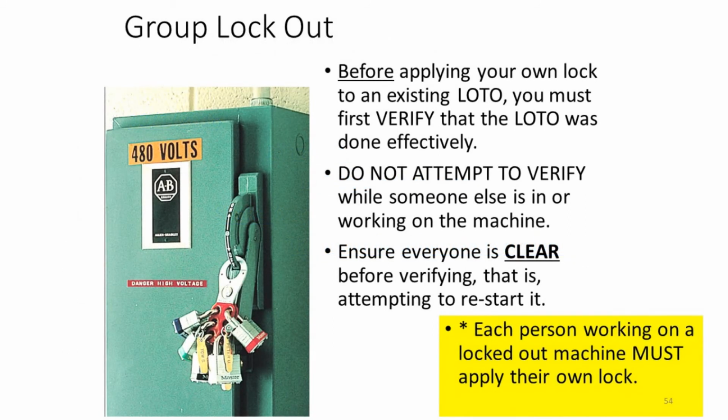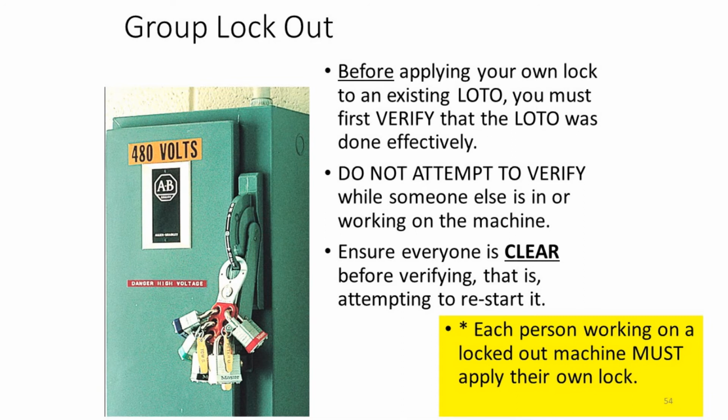Not often, but sometimes more than one person needs to enter the hazard zone of a machine to do their work. When we apply multiple locks to a lockout device, like the hasp that you see here, we call that a gang lock. Locking out in this manner ensures that no one else will energize the machine while you are in there.